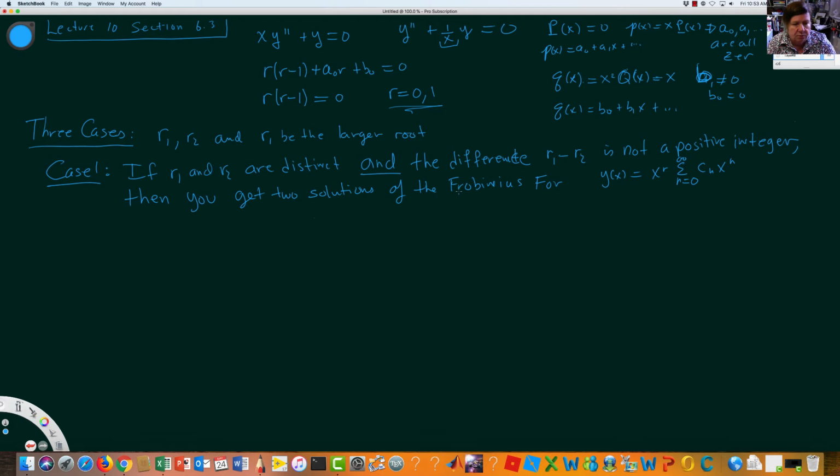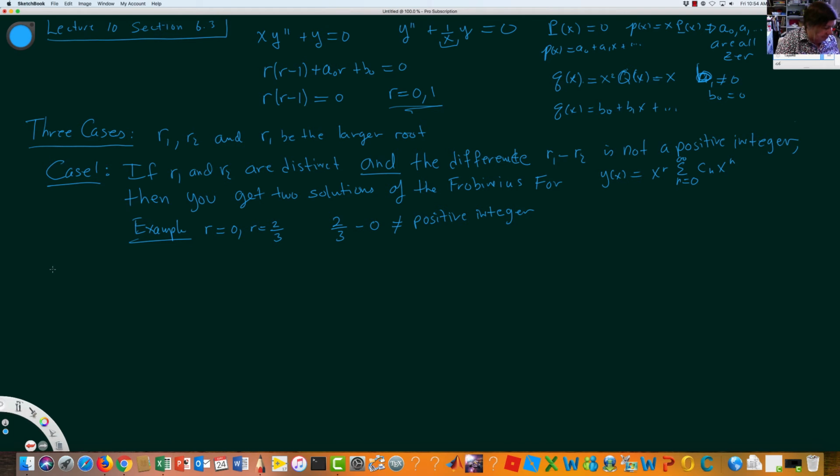Those were r equals 0 and r equals 2/3. This is the bigger one, so call that R1, but 2/3 minus 0 is not a positive integer. So we got those 2 solutions, but that's because we were in case 1 and didn't even know.